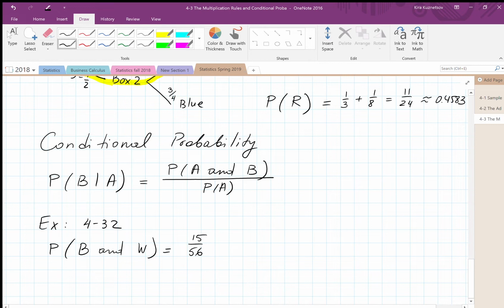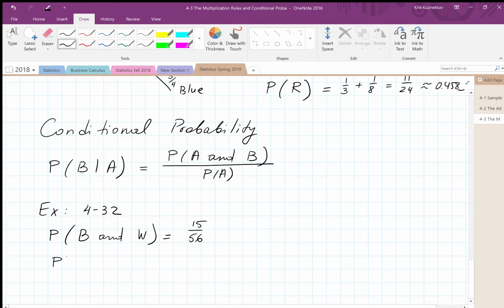Great. And the probability of selecting a black chip on the first draw is 3 out of 8. Find the probability of selecting a white chip on the second draw, given that the first chip selected was black.